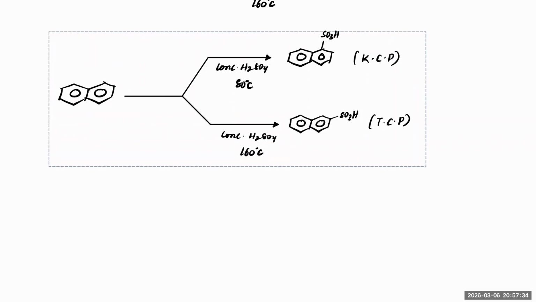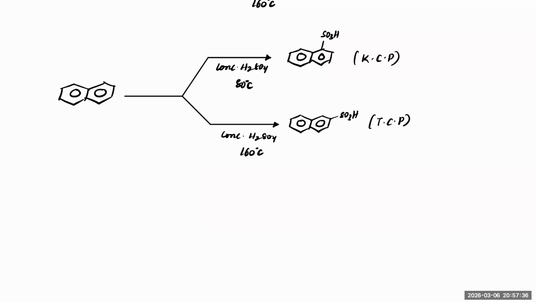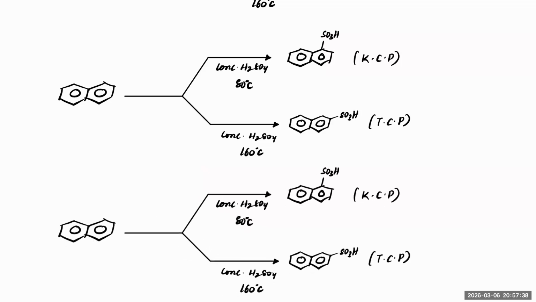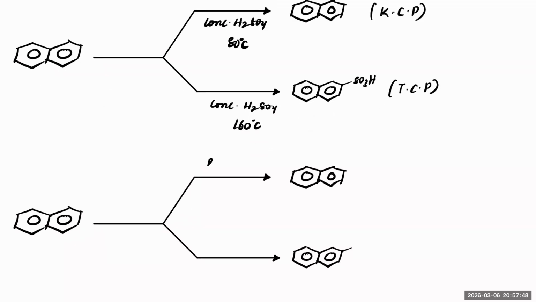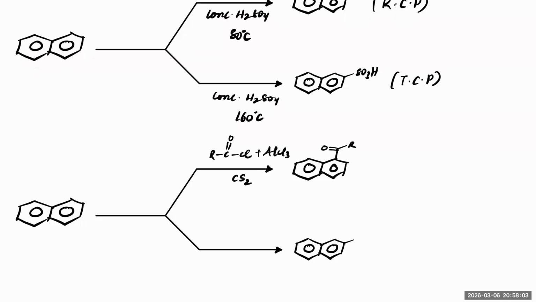In case you have alkylation and acylation being done. Usually in the case of acylation, in case you have RC double bond OCl with AlCl3 in the presence of CS2, that is a non-polar solvent, then you will get this at the alpha position.